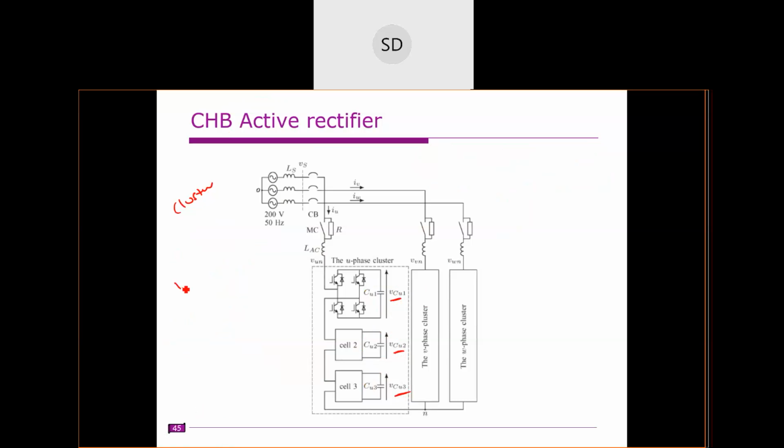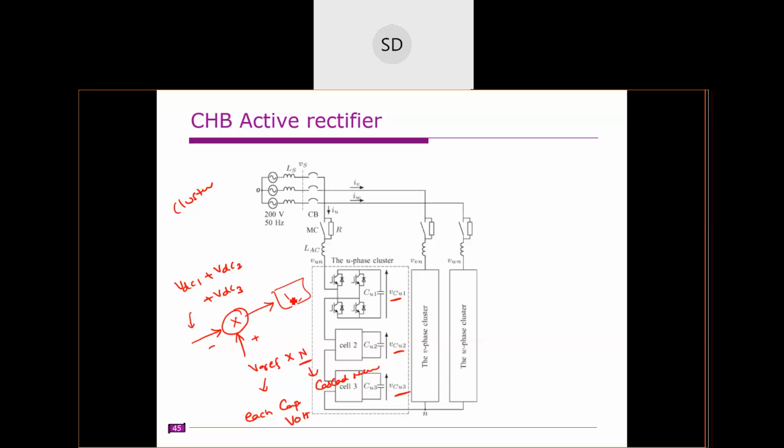So VDC1 plus VDC2 plus VDC3, the sum of all the voltages of the A phase, is compared with V reference into N. This V reference is the individual capacitor voltage, and N is the cascade number, that is, the number of capacitor voltages we used. Clear?